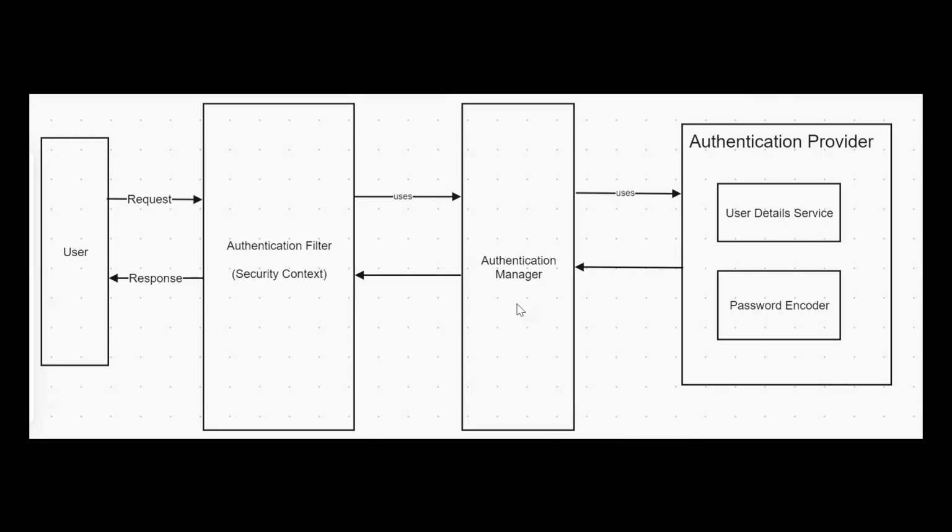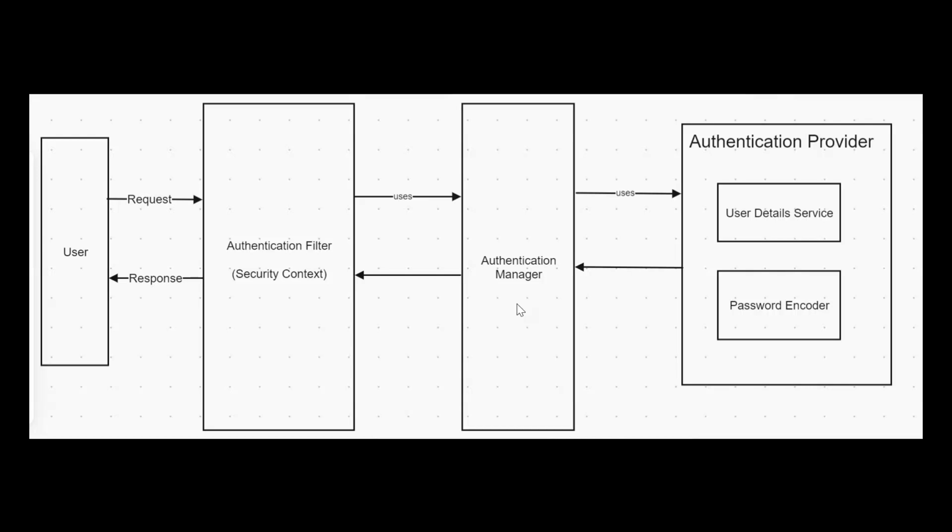How will the authentication manager check? The authentication manager will take help from the authentication provider. The authentication manager will use the authentication provider to check user identity details. The authentication provider internally will use the user detail service to identify the respective user, and the user password will be verified with the password encoder.